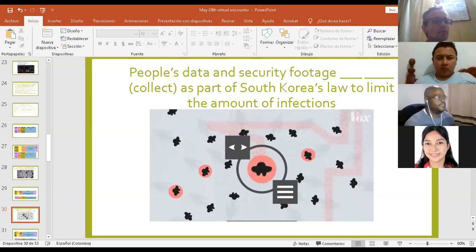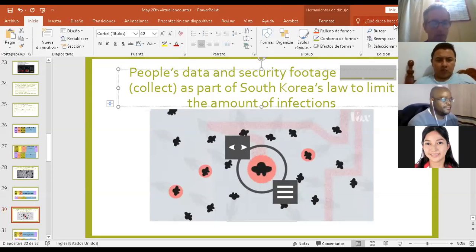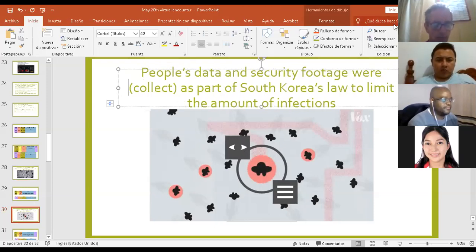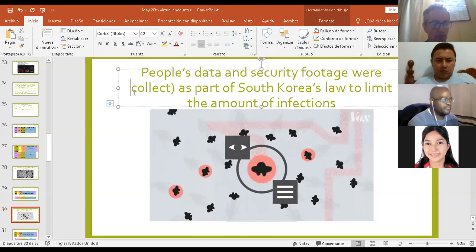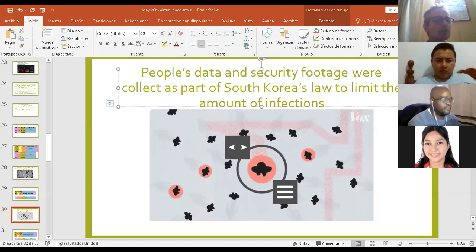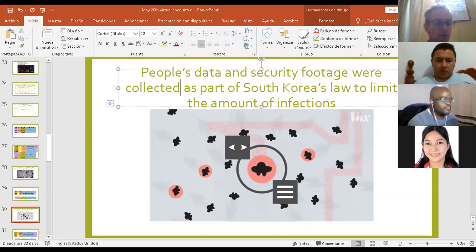People's data and security footage were collected as part of South Korea's law to limit the amount of infections. Exactly. Again, we don't have a subject or the doer of the action. We don't know who collected the data in the sentence.